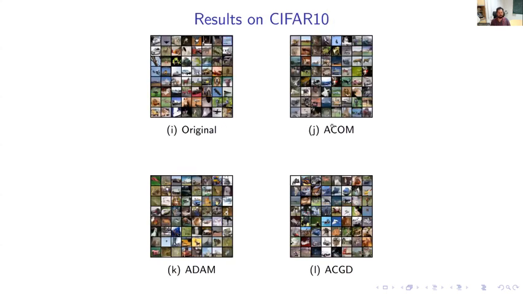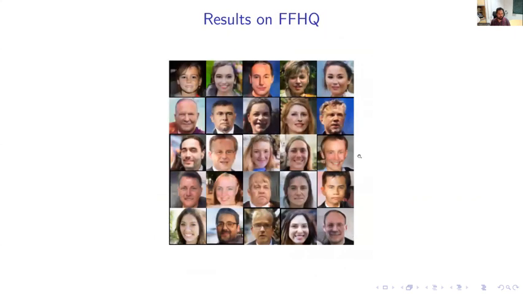And here we compare CIFAR data sets. So in the CIFAR data set, these are the generated ones and these are the original ones. The CIFAR data set tends to be a bit challenging. Here our method matches with the state-of-the-art ACGD method.